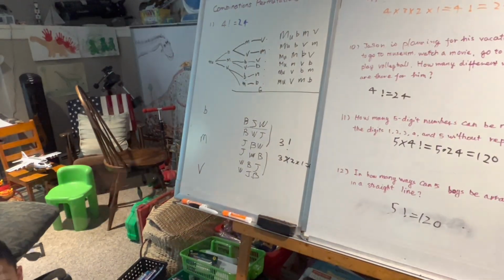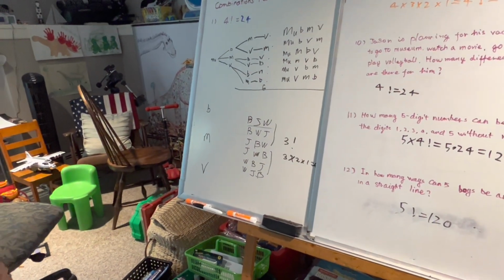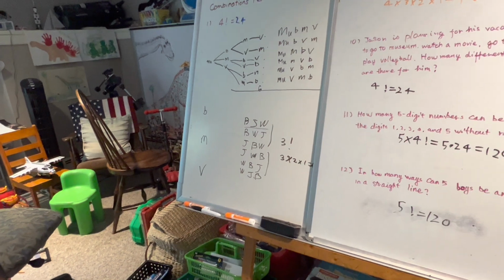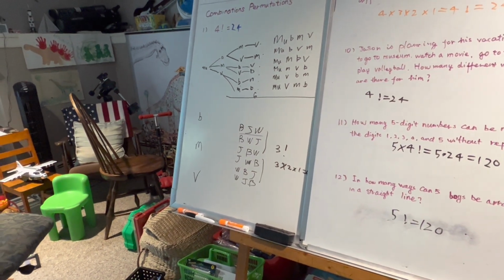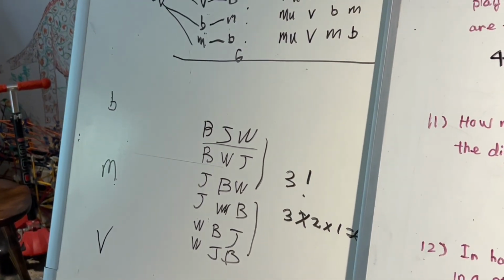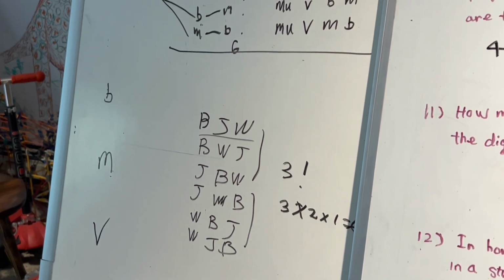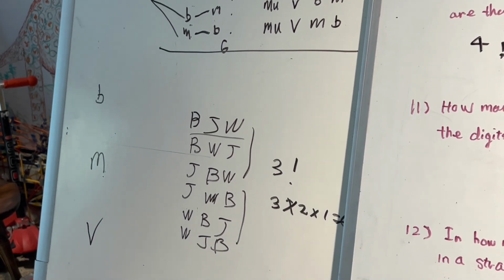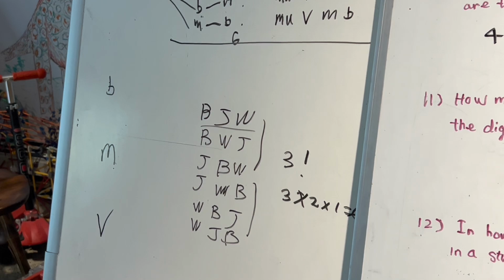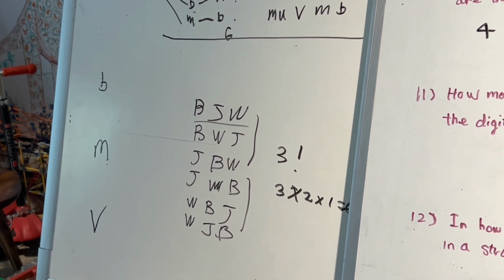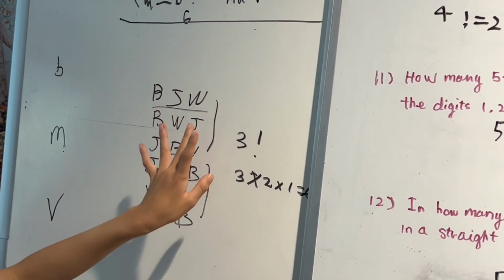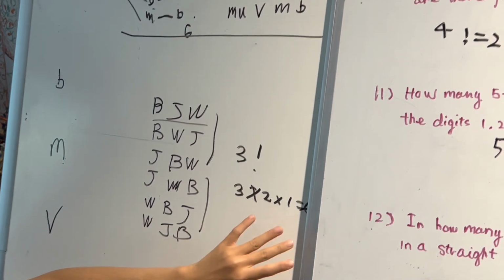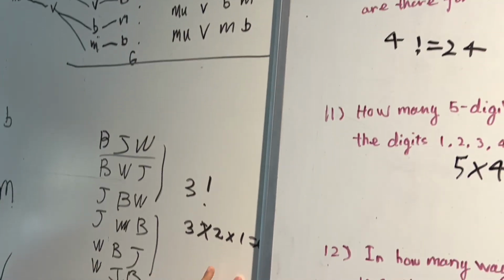And so I'm going to make a joke up. Let's say B is me, Ben. J stands for Jack, one of my other friends. You might be able to see him in another video channel. And W is Wilson, another friend of mine. So there's 3 factorial, and it's 3 times 2 times 1 equals 6.